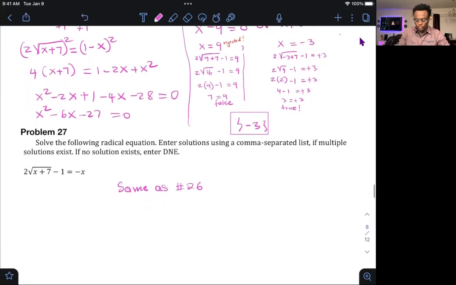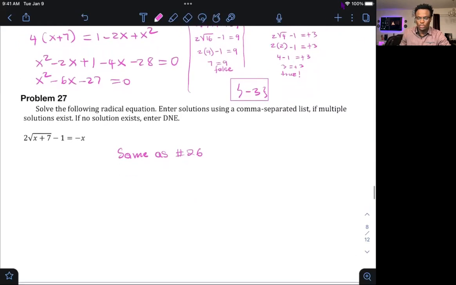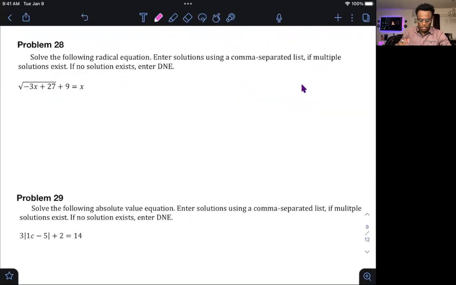All right. The next problem is the same type. So we want to subtract 9 on both sides. Square root of -3x plus 27 equals x minus 9.